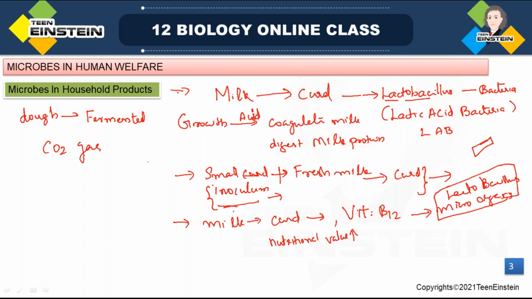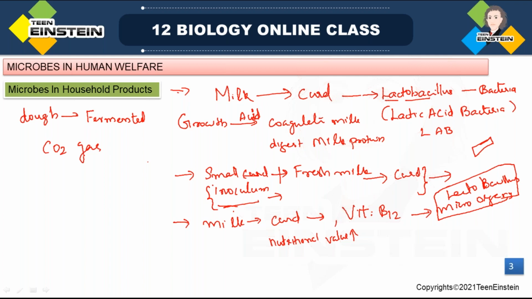So you can see the preparation of rice and black gram. We are using the urad dal or black gram for the idli batter, right? So which microbes are helping?